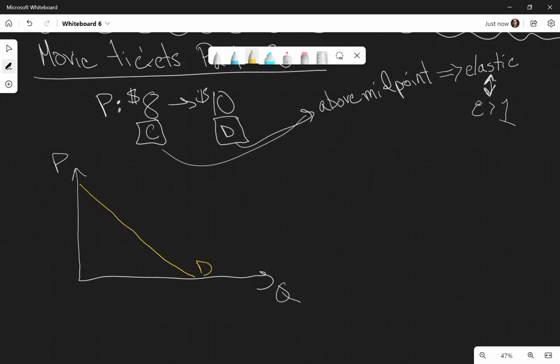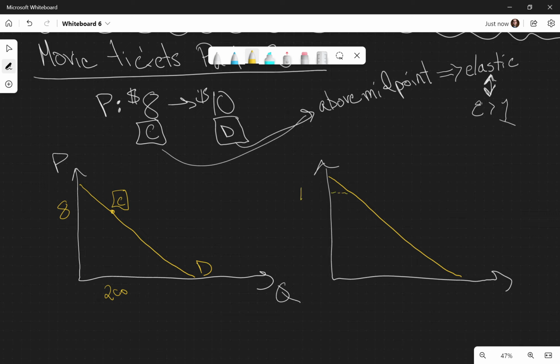We have a price of 8 and 200 tickets, and we've got a price of 10 and 100 tickets.